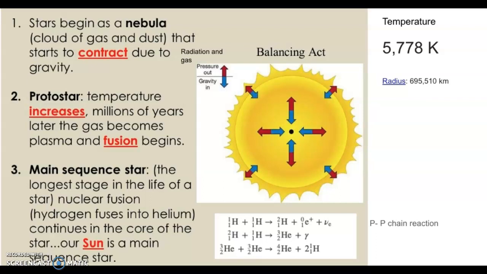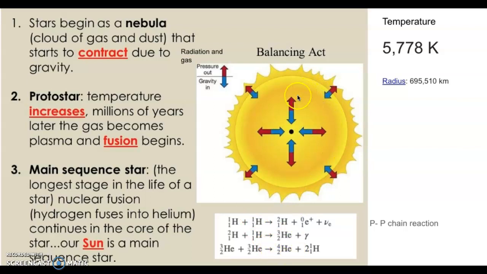The particles begin to attract each other to the point where they start to generate huge forces. These forces are so strong, when there's enough cloud and gas, they will actually begin to initiate a fusion nuclear reaction. Now, if you remember from topic 7, a fusion reaction is when you take small nuclei to create larger nuclei. In this case, we're taking hydrogen to generate helium.